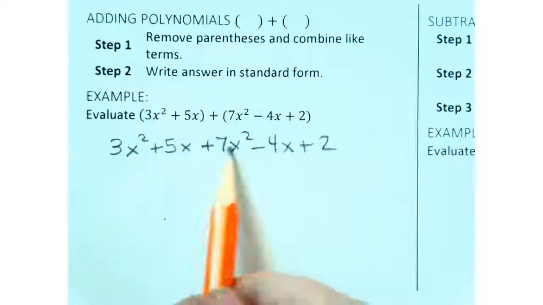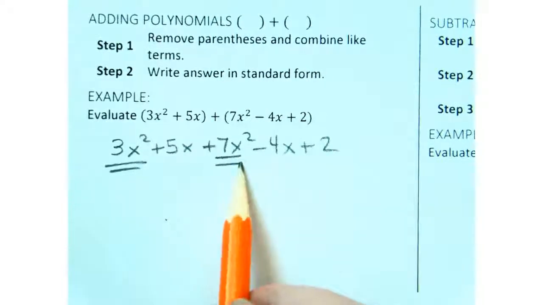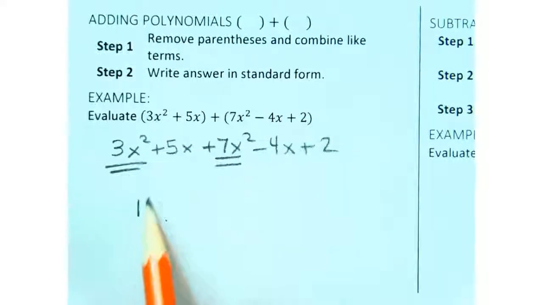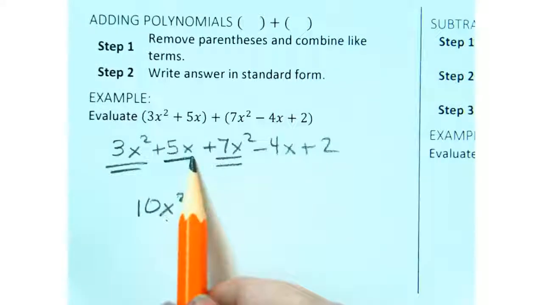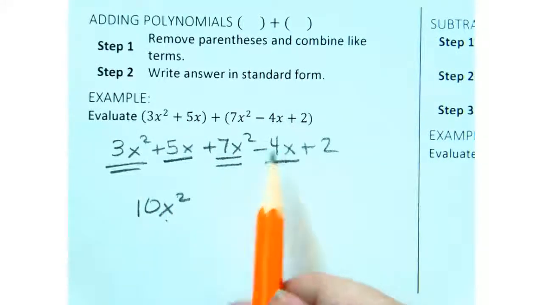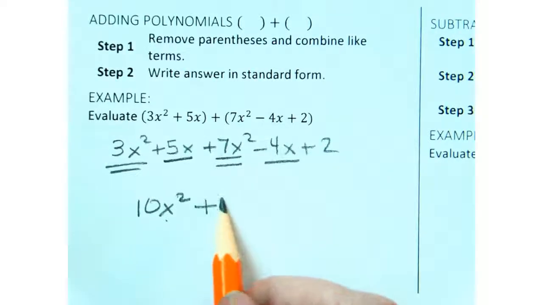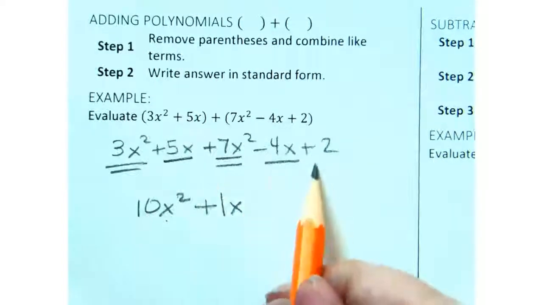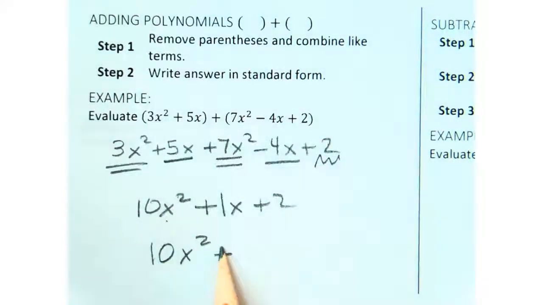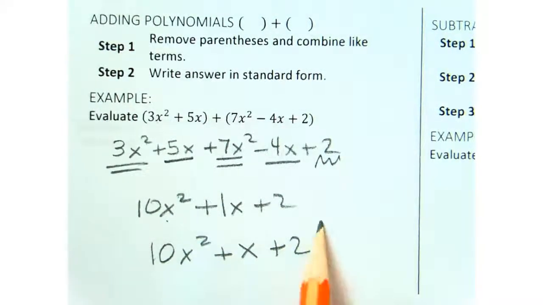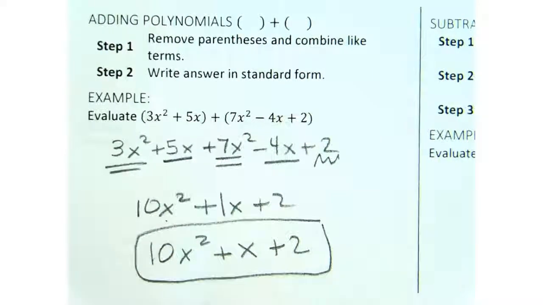Starting with the highest power first, add the terms. Do not add the powers of the variable. 3 plus 7 is 10. Leave 10x squared. 5x minus 4x is 1x plus 2. 10x squared plus x plus 2 is the solution.